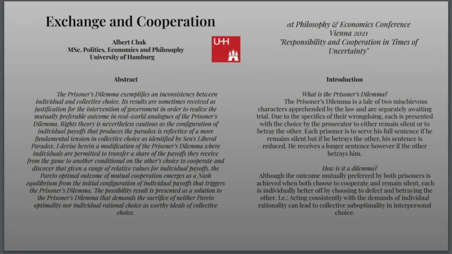However, if the other betrays him, then he receives a longer sentence, whereas if he betrays the other, his sentence is reduced. And this choice situation demonstrates that although the mutually preferable outcome is that individuals remain silent and not betray the other, each is individually better off by choosing to defect and betray the other individual.